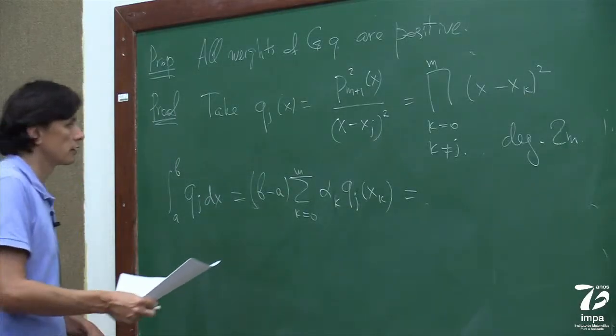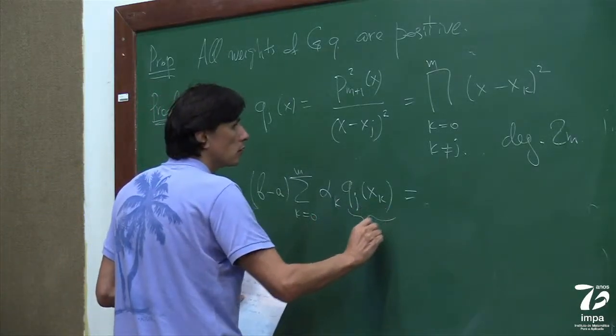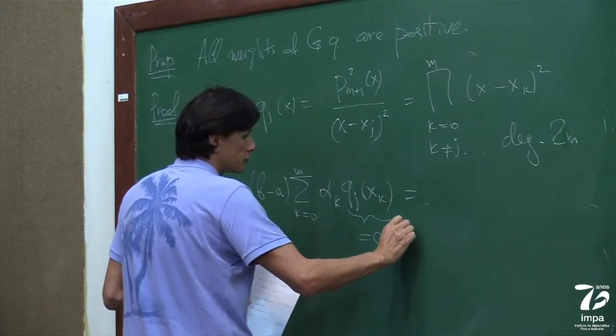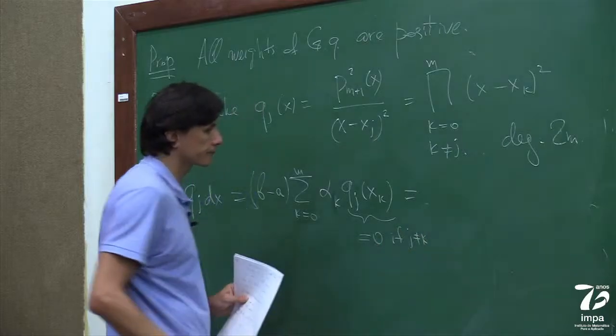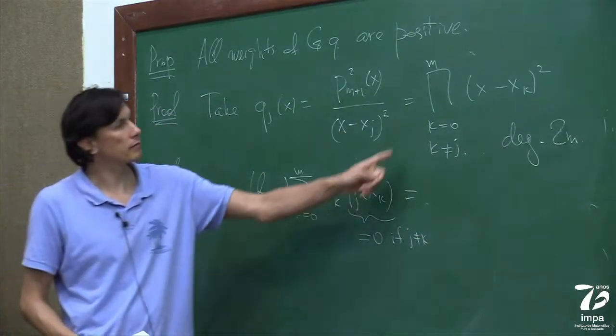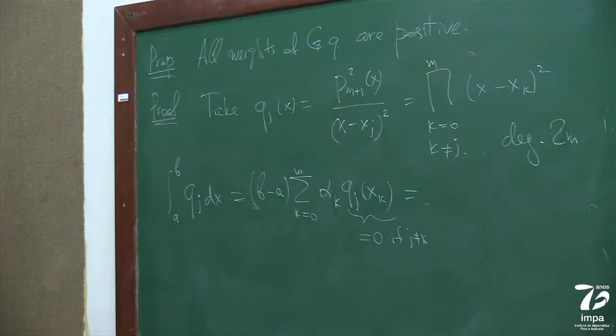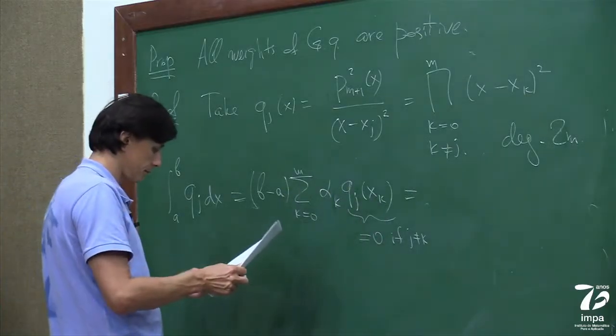But now you see this is 0 if j is not k, because if j is not k, this is 0. So it means that we can take j equal k.